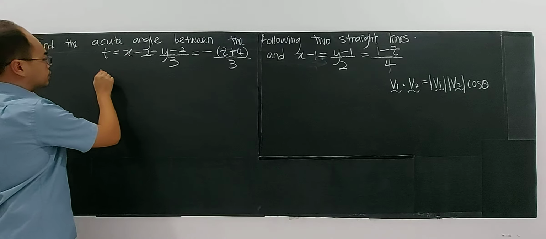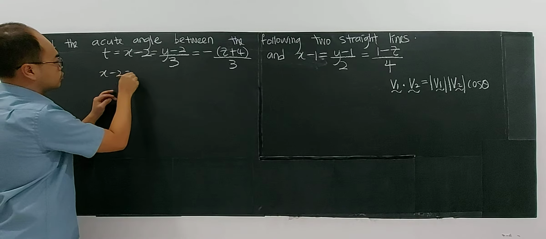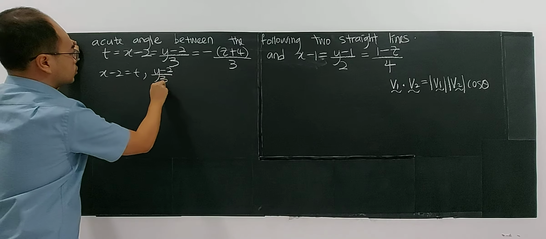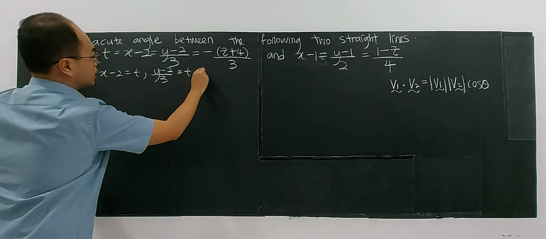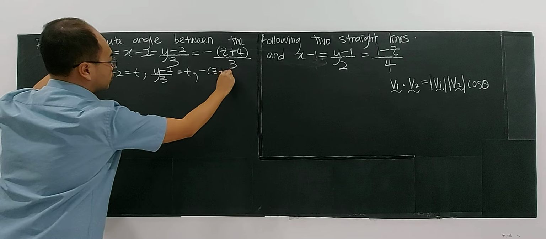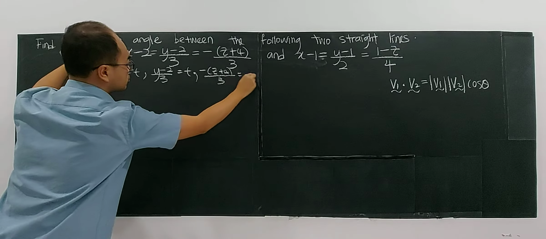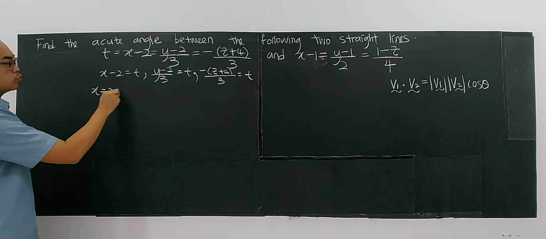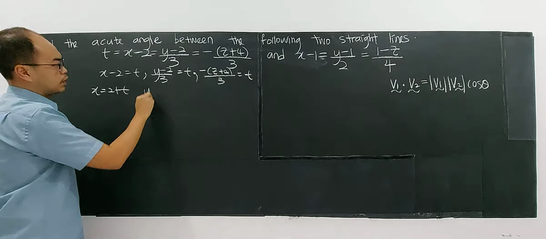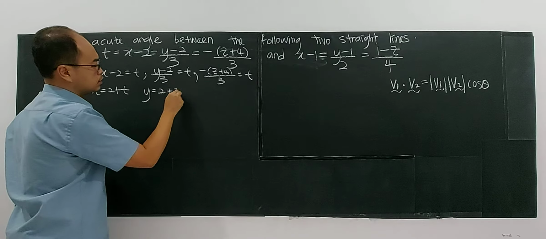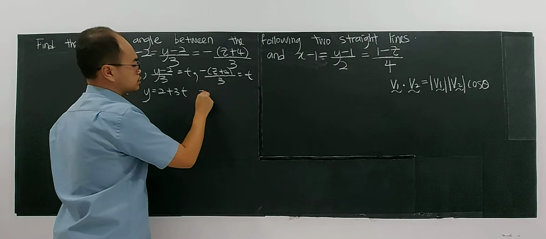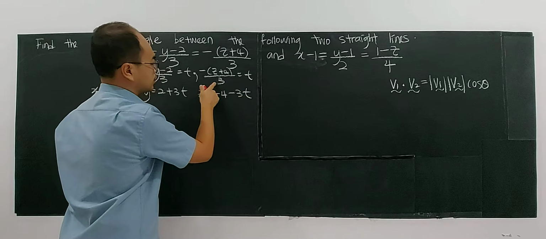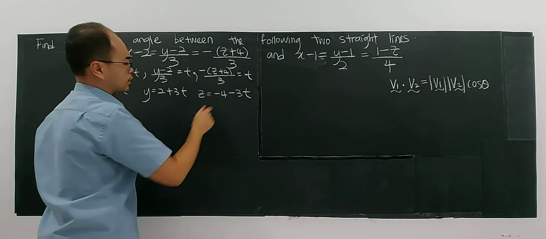So you can rewrite this as x minus 2 equals t, y minus 2 over 3 also equals t, and negative z plus 4 over 3 equals t. In parametric form, x equals 2 plus t, y equals 2 plus 3t, and z equals negative 3t negative 4.